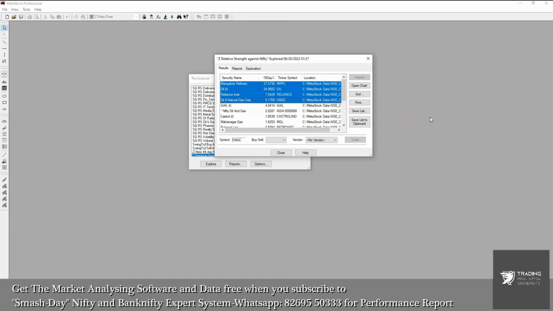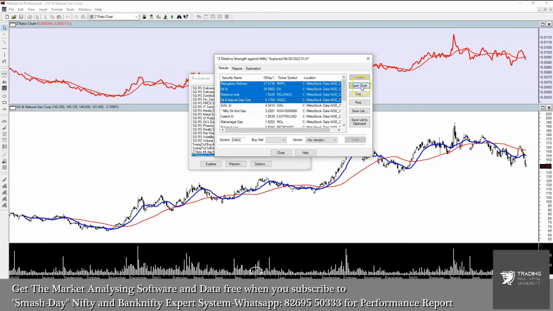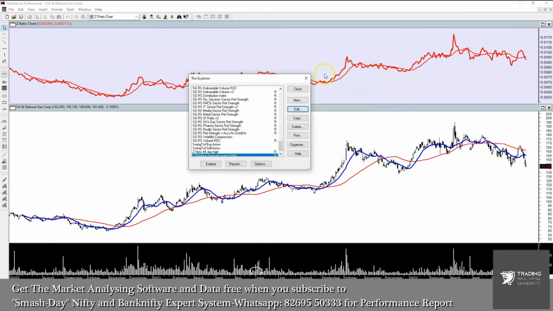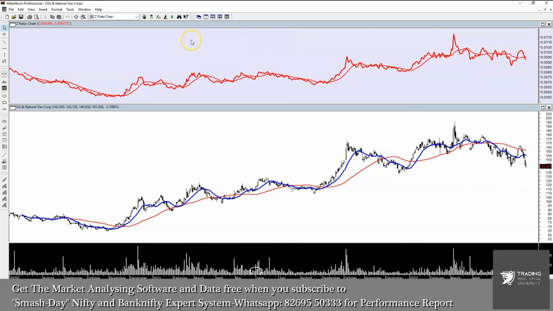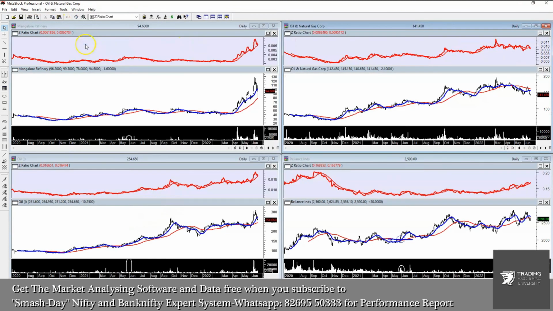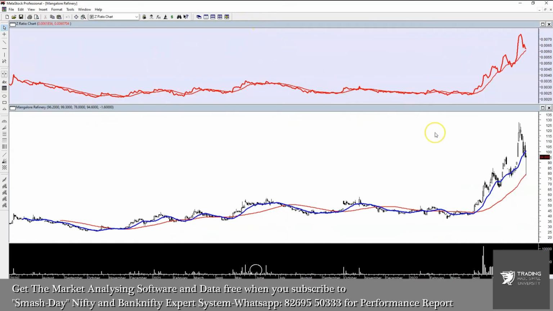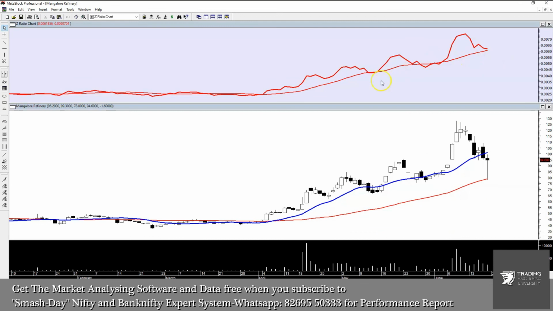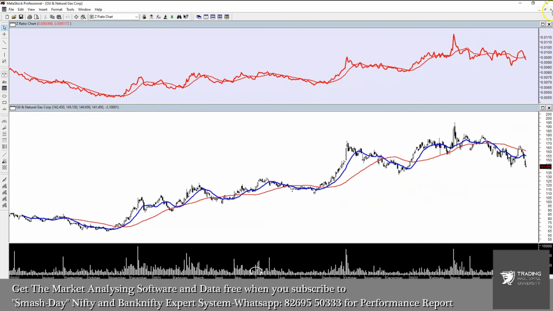Just for the sake of investigation, let us open these 4 charts and see if there is really something worth investing in here. I am opening all the 4 charts. Mangalore Refinery is showing a really upward trend in terms of its relative strength. Prices are falling, but there is an upward trend, a higher top, higher bottom formation.